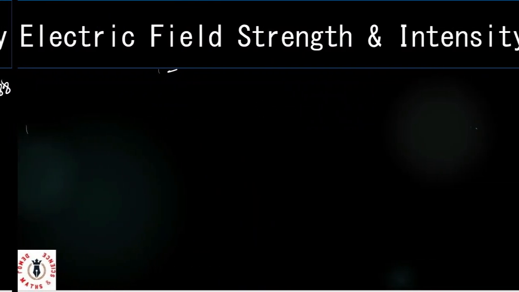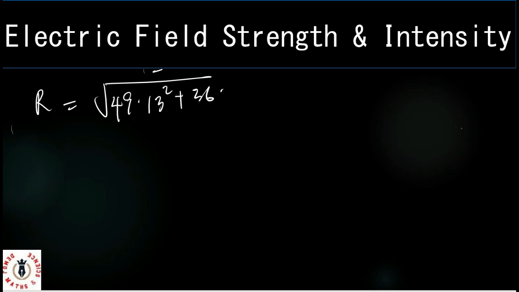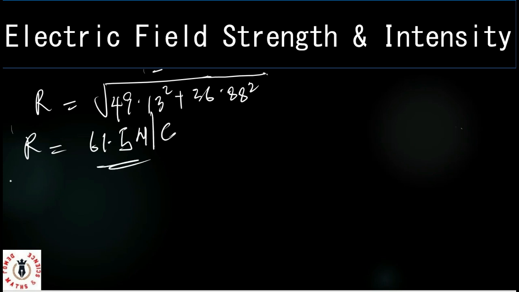So my resultant R now becomes the square root of 49.13 squared plus 36.88 squared. R now will be given as 61.5 newton per coulomb. Now we can modify it with respect to its angle.